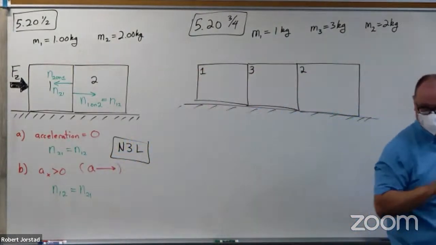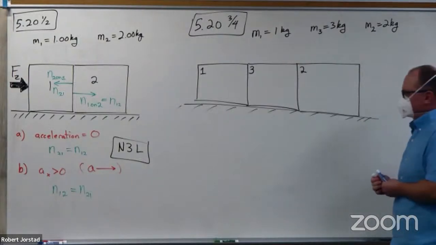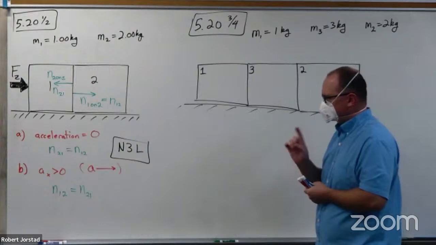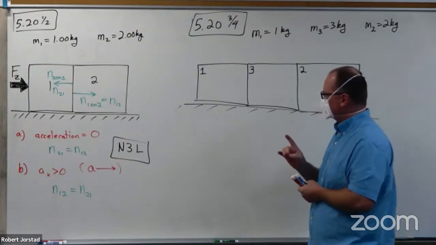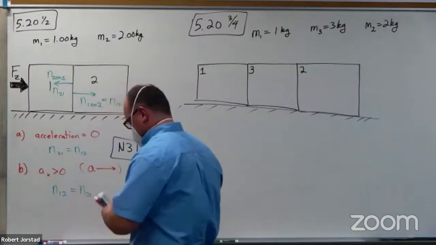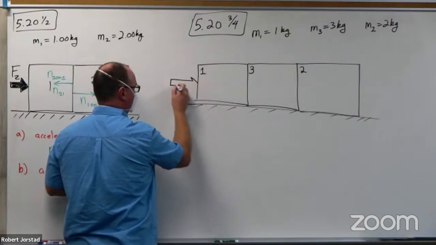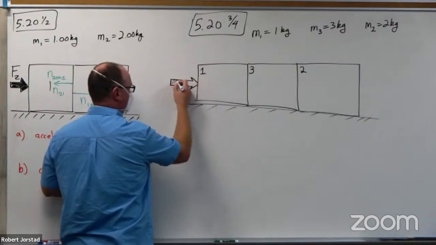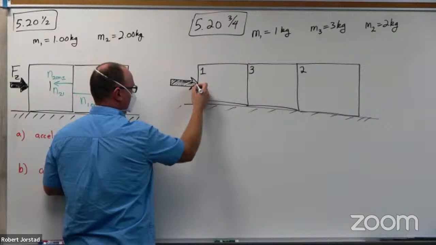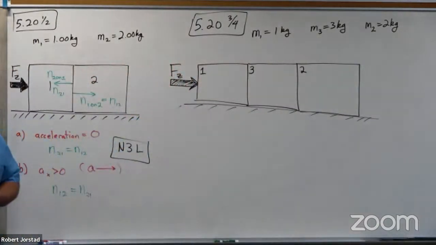We're going to ignore friction for right now. In this problem, we're talking about different normal forces. Let's read carefully. And there's still the old zombie pushing these blocks around.